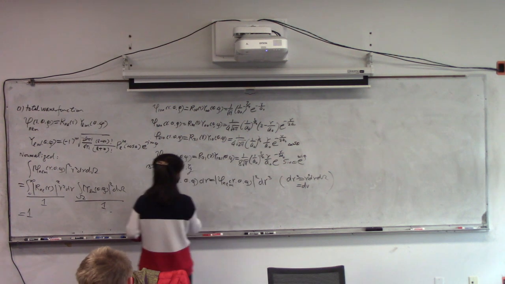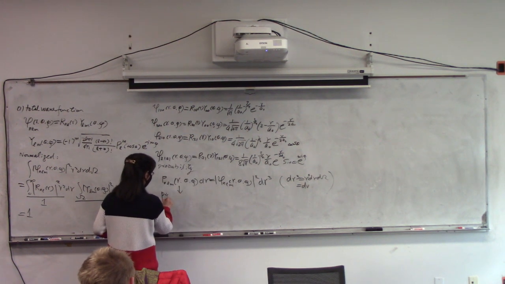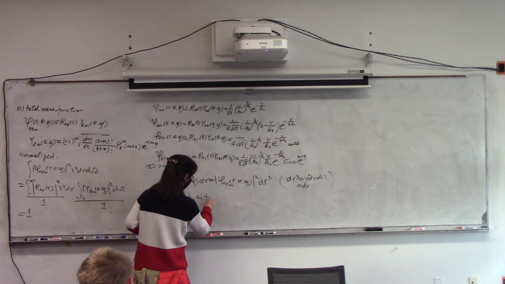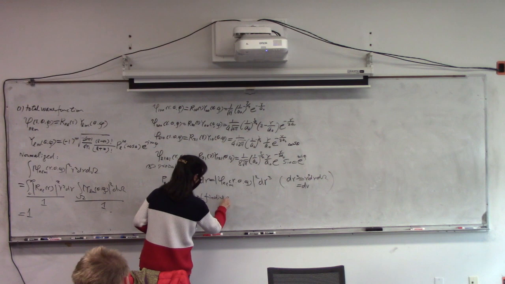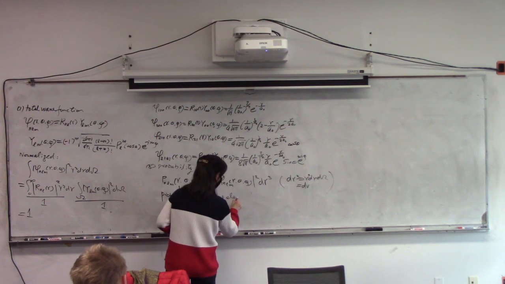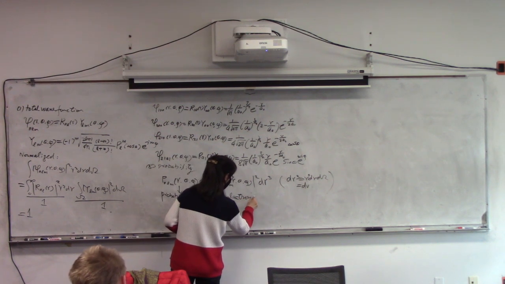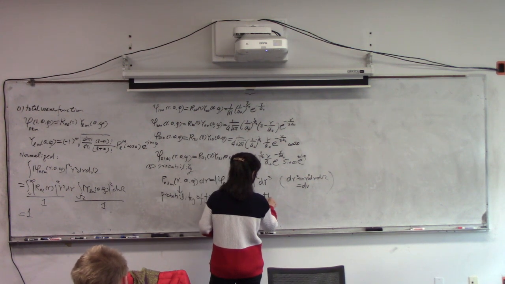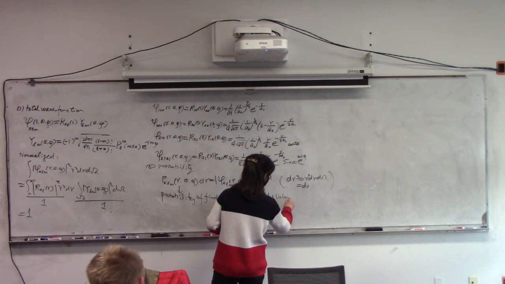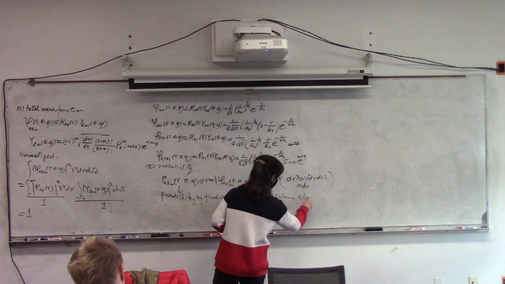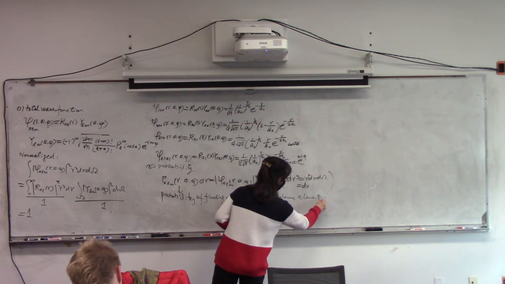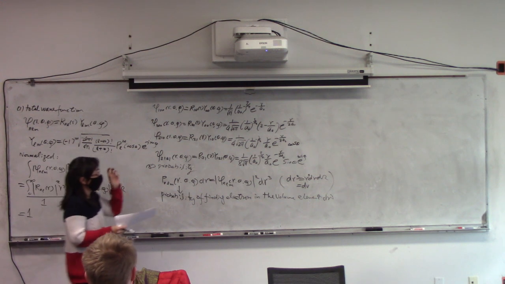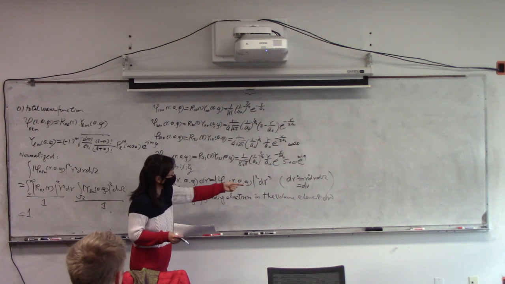So this means the probability of finding the electron in the volume element, of course, this is for between r and r plus dr and omega.